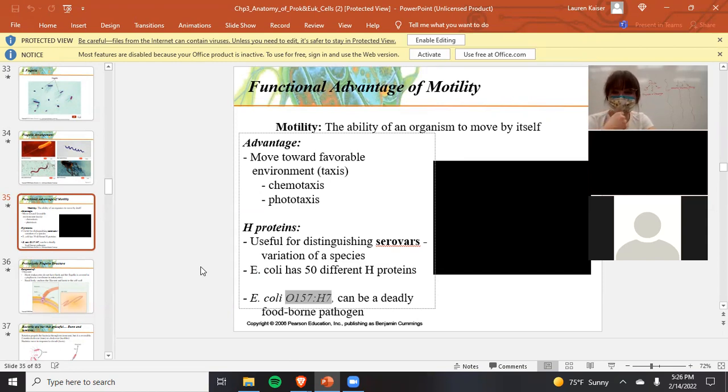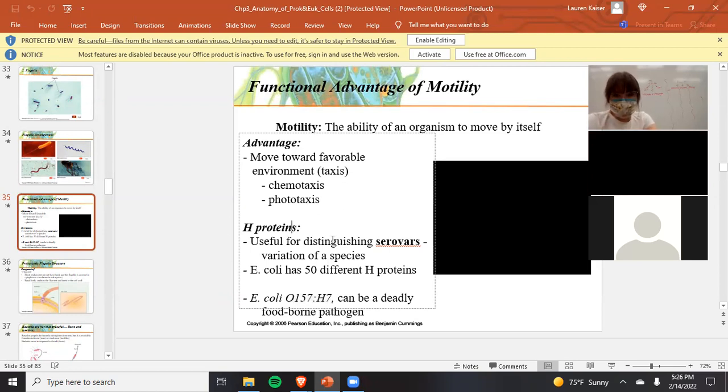You can get food poisoning from it, and it was recently seen, I think in 2017, 2018, in lettuce. So that's a fun one, but it's very useful because we can see the variety of species that we have of E. coli specifically.